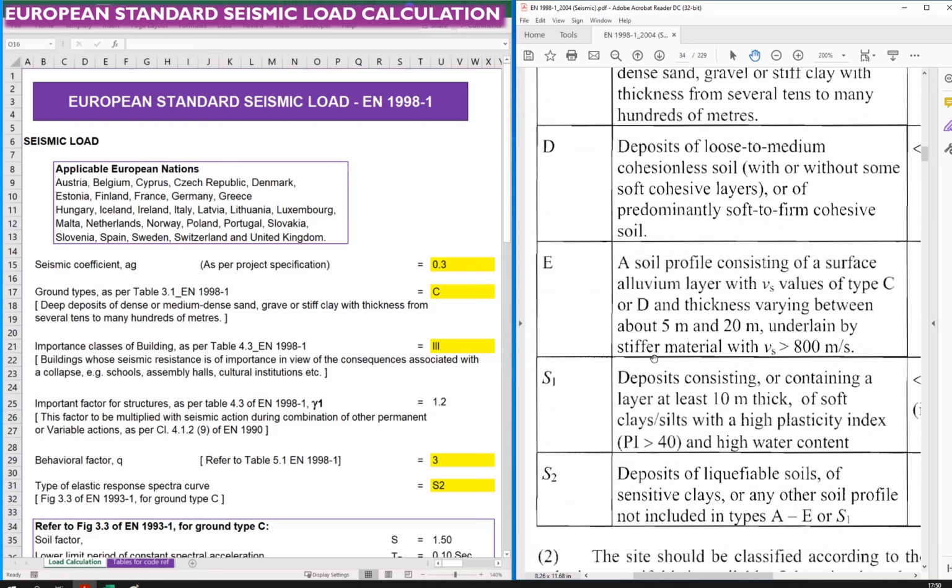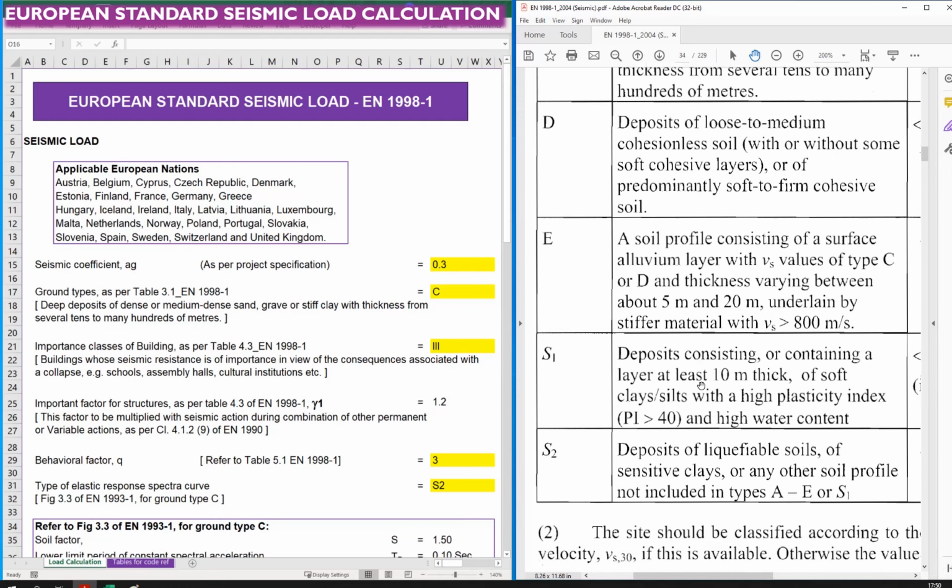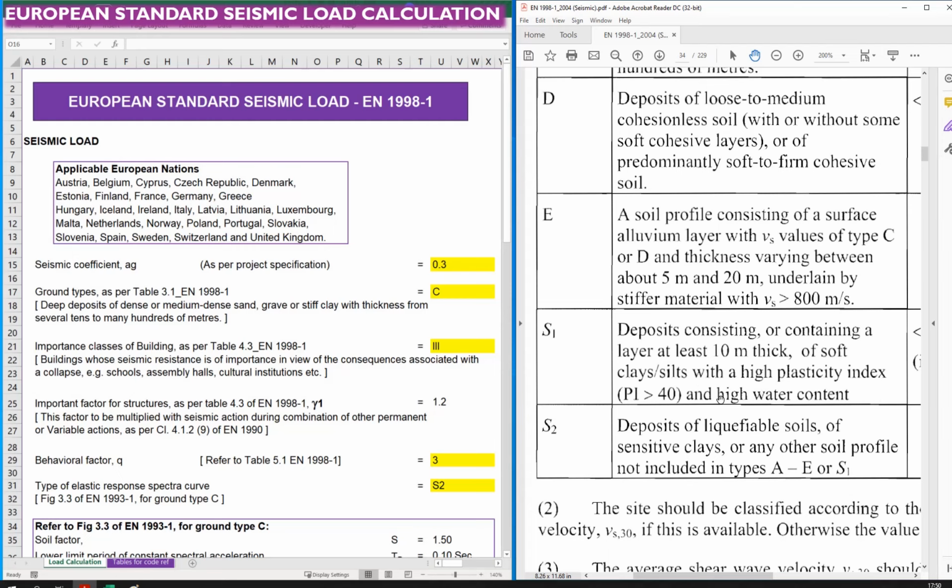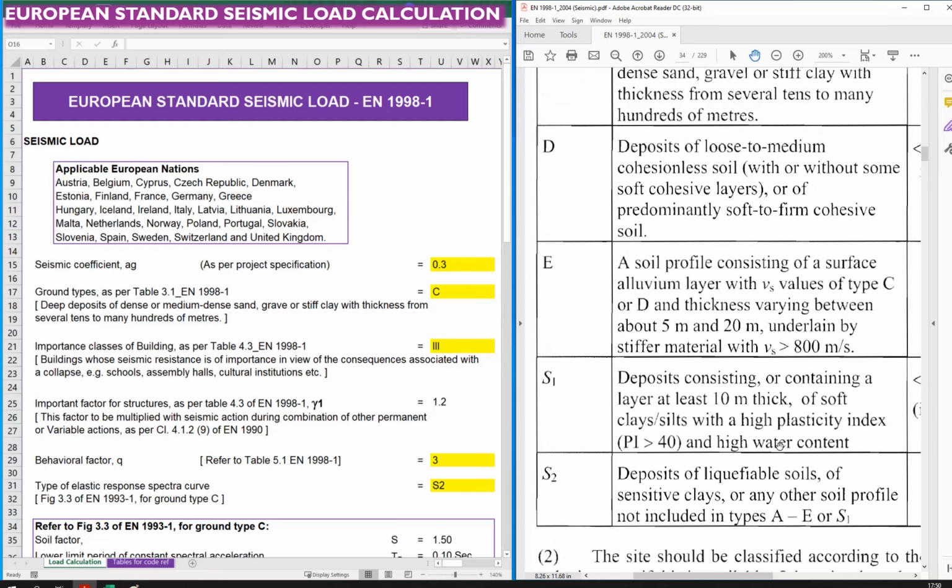E is a soil profile consisting of a surface alluvium layer with Vs values of type C or D and thickness varying between about 5 meters and 20 meters, underlain by stiffer material with Vs greater than 800 meters per second. S1 and S2 are deposits containing a layer at least 10 meters thick of soft clays or silts with high plasticity index, and deposits of liquefiable soils, of sensitive clays or any other soil profile not included in types A to E or S1 respectively.